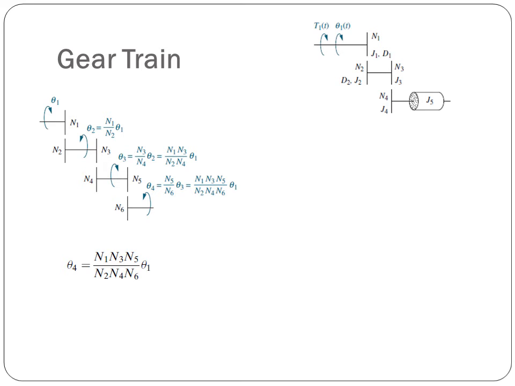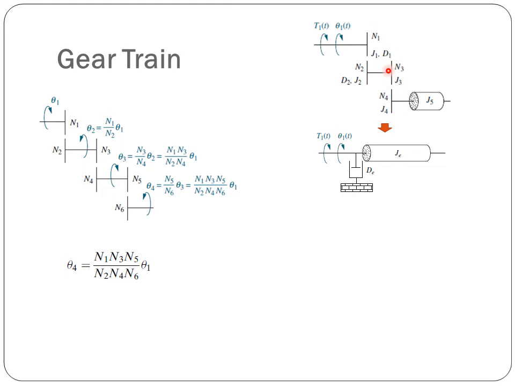Now let's consider a system where we have a two gear setup here, but we have some inertia. We can see that there is inertia connected to this side, and also there is some weight of the gear here. When the weight of the gear is not negligible, we have to consider it, which is inertia J4 here.